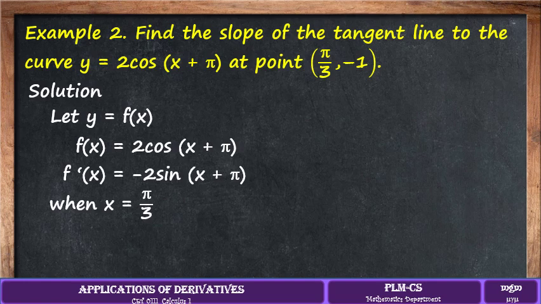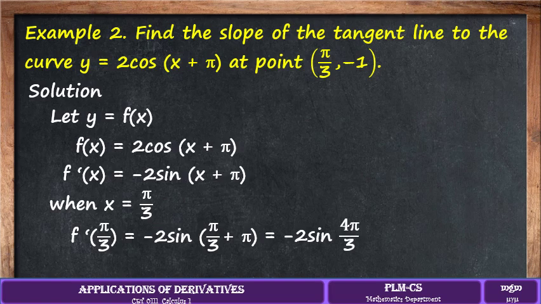When x equals pi over 3, substituting pi over 3 to every x of our derivative, we have f prime of pi over 3 equals negative 2 sine of the quantity pi over 3 plus pi. Getting the sum of pi over 3 plus pi, we obtain negative 2 sine 4 pi over 3.